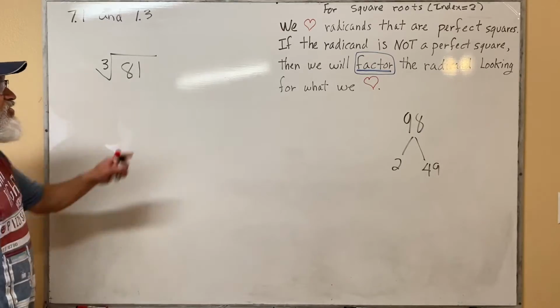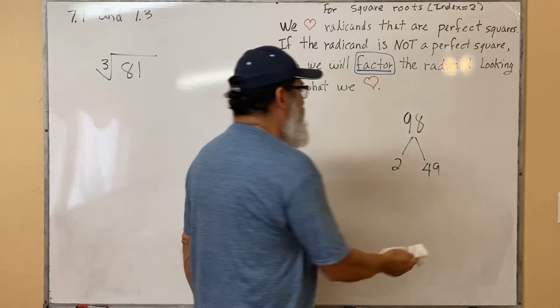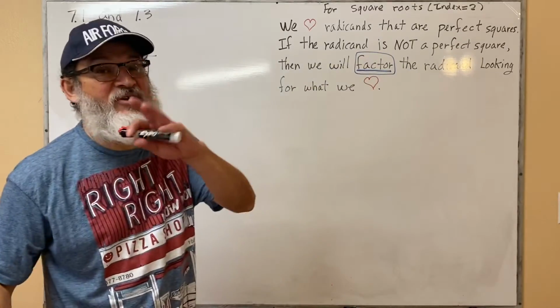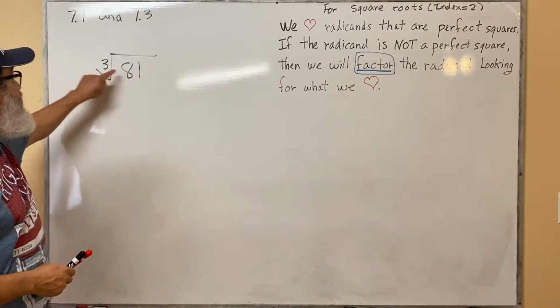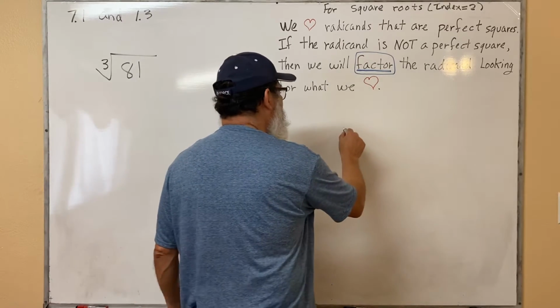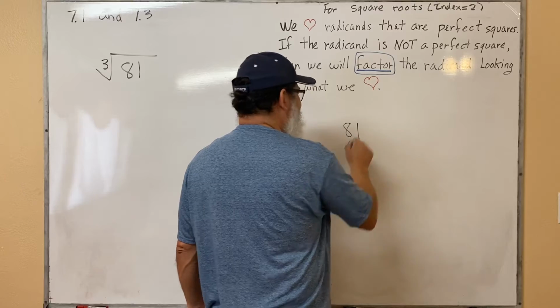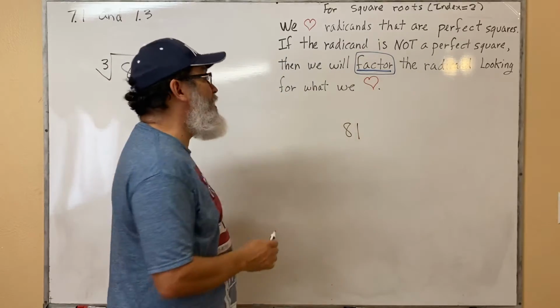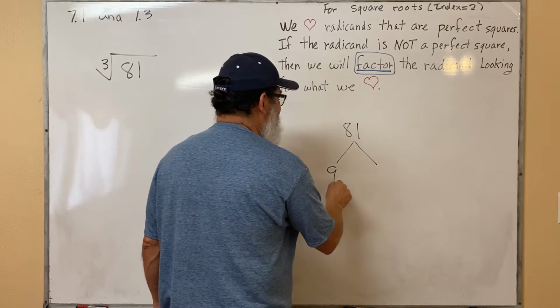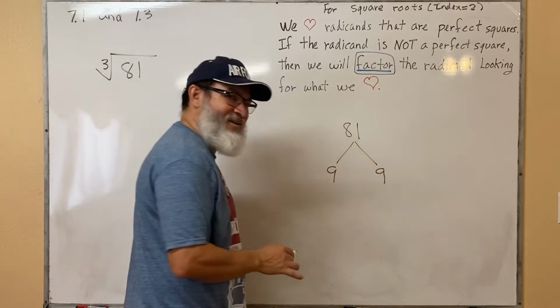So let's just follow the rule again. We want perfect cubes, look. So let's take the 81 and let's factor the 81. Lucky for us, 81, we can do this 9 times 9.